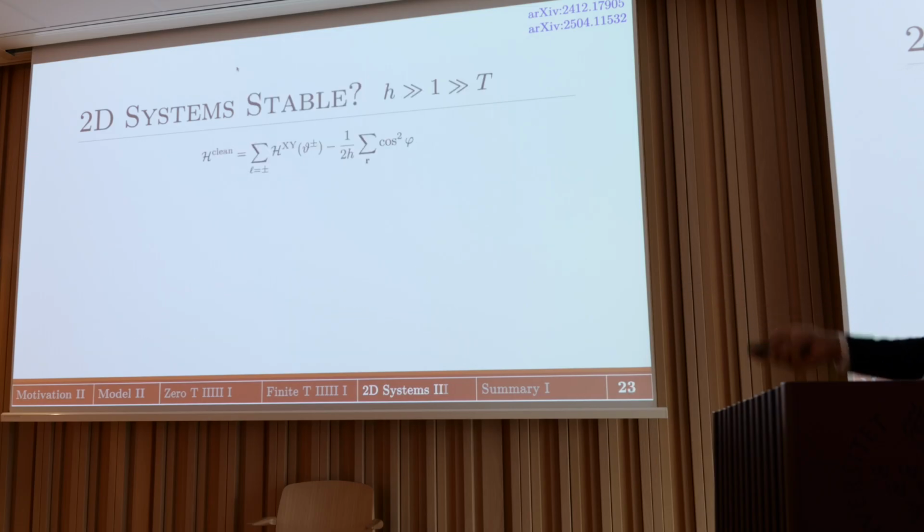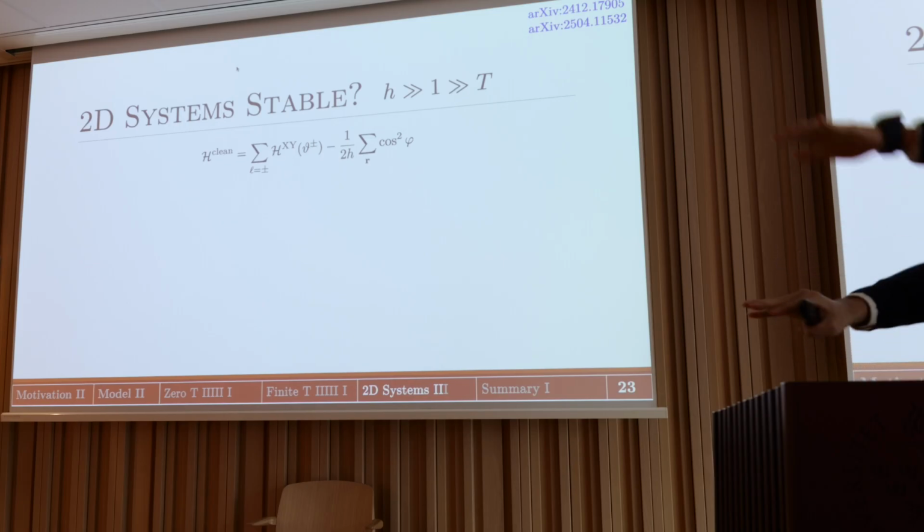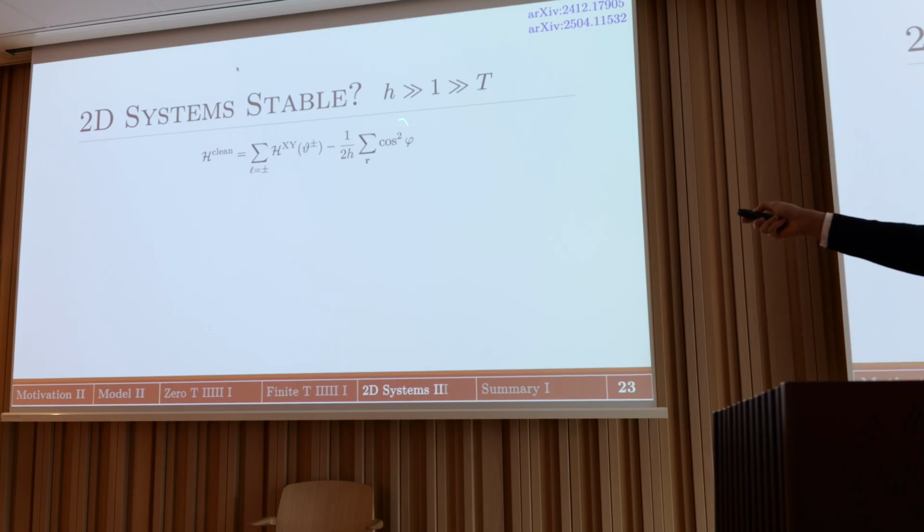So that's a good question that I don't have an actual answer to, but I will try to convince you of the following conjecture. Remember that my effective Hamiltonian was reduced down to this clean Hamiltonian, where you should think of now the clean Hamiltonian of 2 bilayers, and this is the weak interlayer interaction. Now this system has been studied quite well, just like Marcel France has studied it.